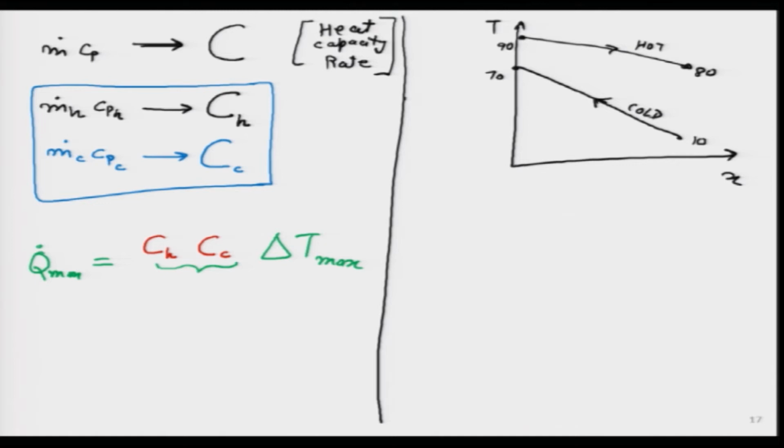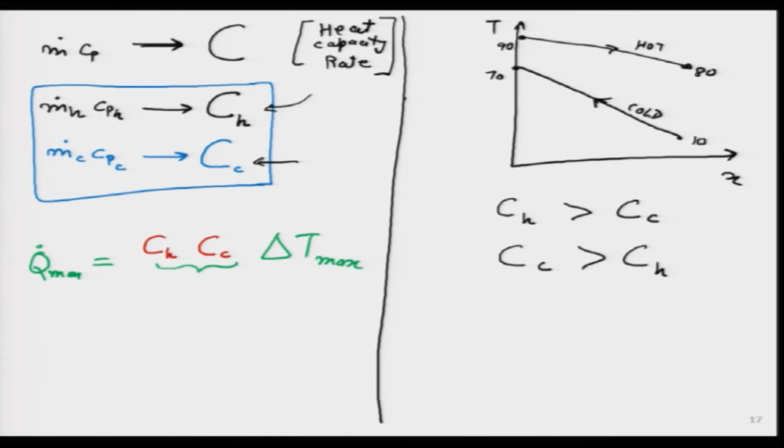By looking at this particular diagram, can I tell which is greater? Is it CH greater than CC, or CC greater than CH, where these capital C are the heat capacity rate, which I have already defined over here. Now, the trick is if we can figure out the ratio of delta T's.